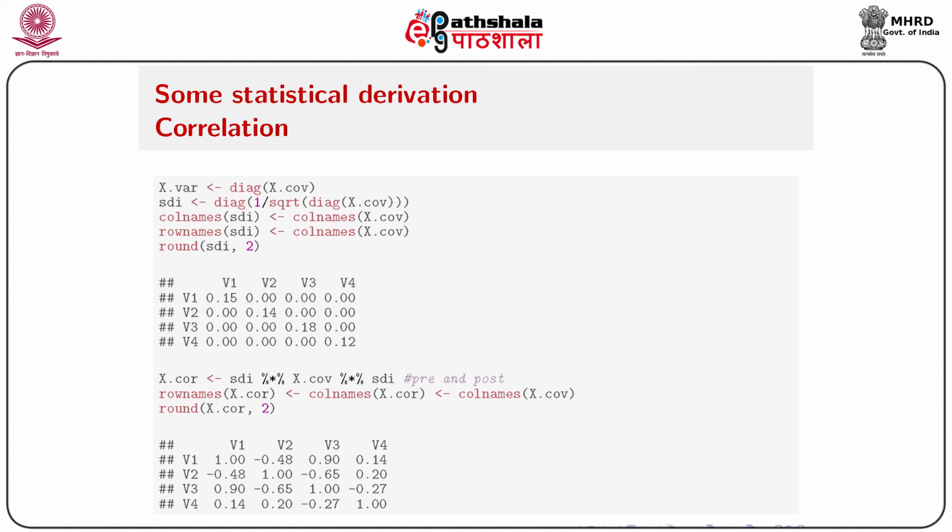And then to get the correlation, one can use this expression: SDI, then matrix multiplication with x.cov, then again matrix multiplication with SDI, and that will give you the correlation. You can assign the same row and column name labels to the matrix, and then finally round it to 2 significant digits, which will provide you the correlation coefficients in the correlation matrix.